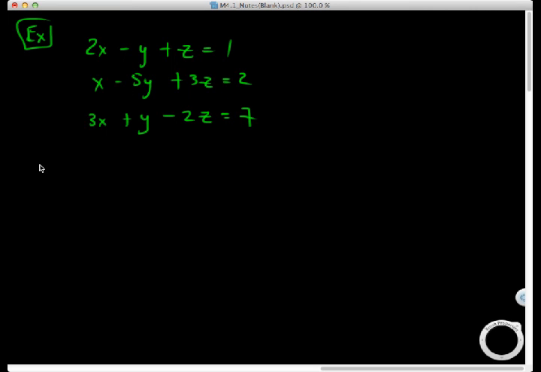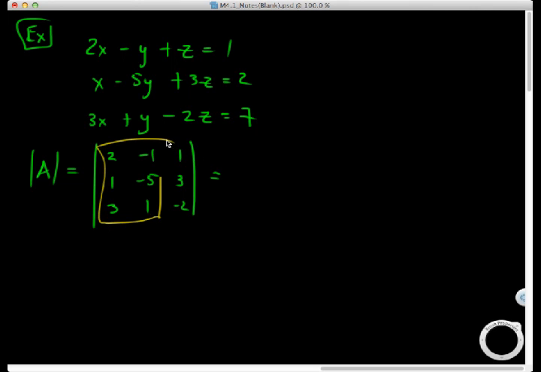I'd still be able to find the regular determinant for matrix A, and I'm just going to do the setup. We could use a graphing calculator to determine that. So 2, negative 1, 1, 1, negative 5, 3, 3, 1, negative 2, and then I'd find the determinant whichever way I need to, possibly by taking the first 2 rows and repeating them here and doing the diagonals trick, which is likely what I would do if I didn't have a graphing calculator.